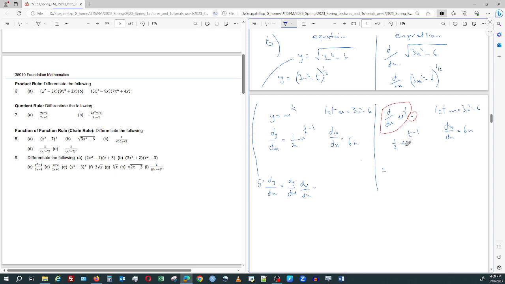I can put an equals down here because a half minus 1 is negative a half. So negative a half is going to be, and u itself was 3x squared minus 6, and we're going to multiply that by 6x. So we're going to end up with a total of 3x over the square root of 3x squared minus 6.